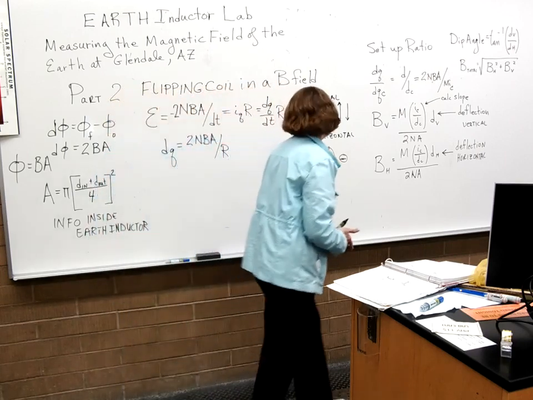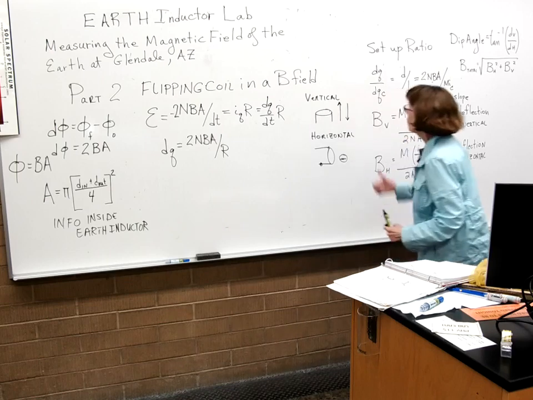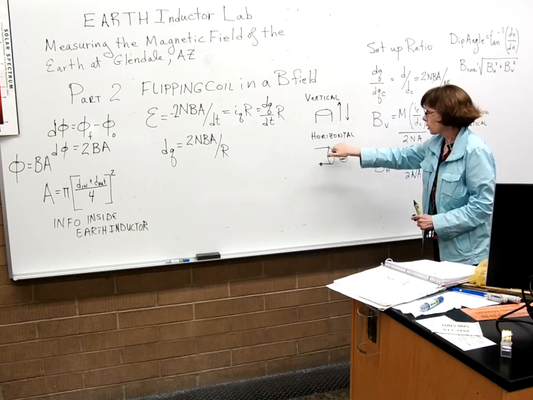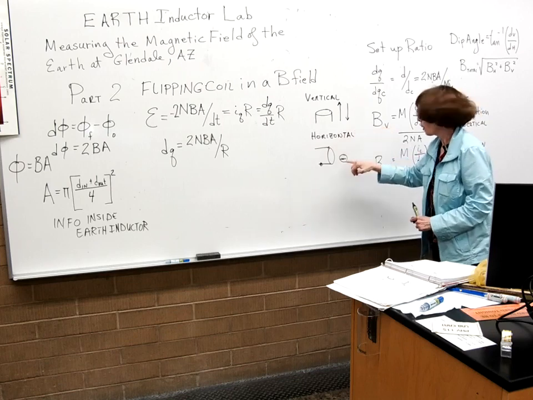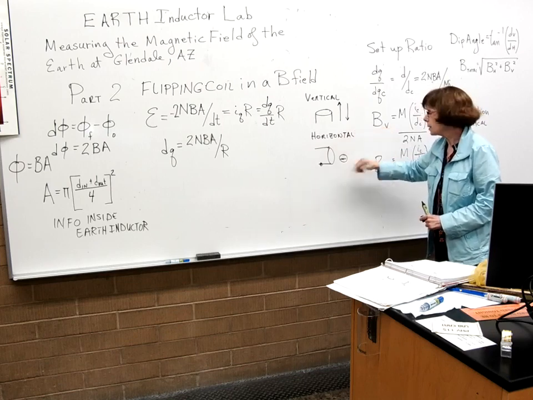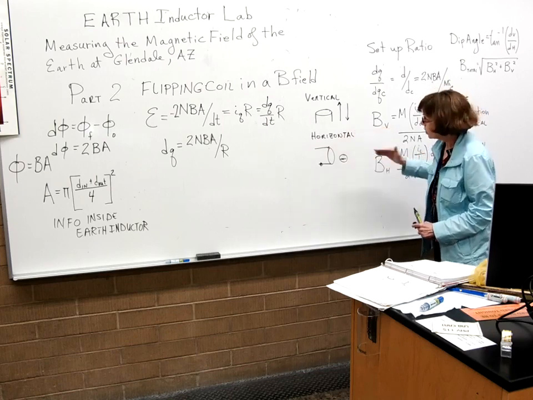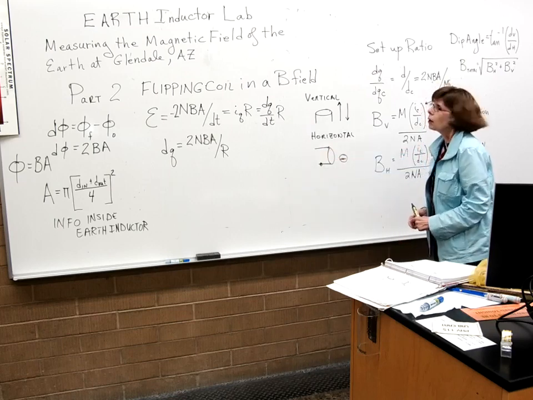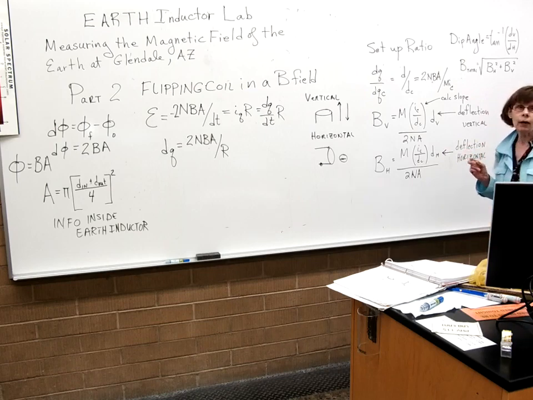So with the vertical one, we'll see an upward flip going down, horizontal, in to out, but we've got to align with the compass in the table, so it's strictly as horizontal as we can get it. Okay, then how do we calculate what we need to do to get the numbers?